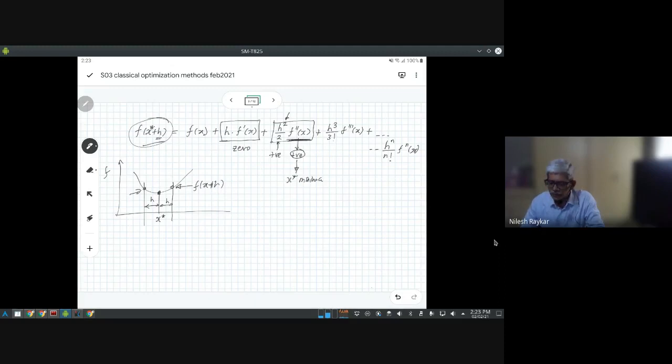So that means the original point around which you are investigating has to be minima, because anywhere you go right or left of that point, the function value always rises.